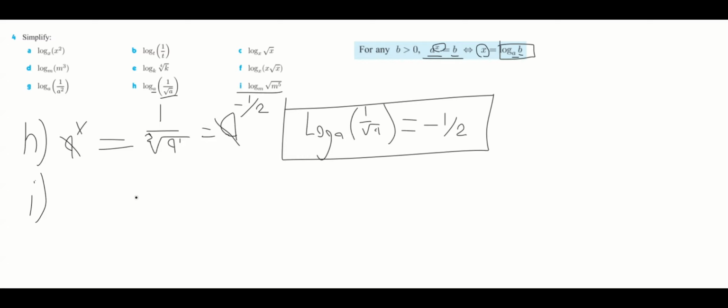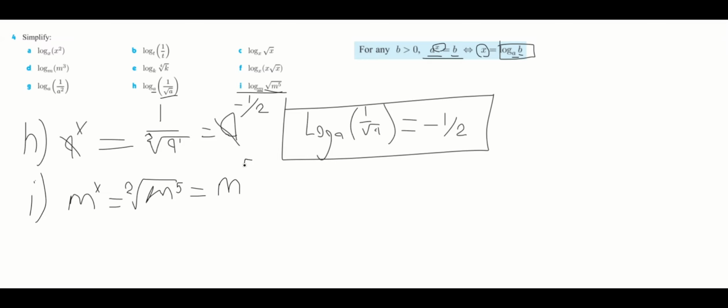Here we have I. Here we do a is m, and b is square root m to the power of 5. So that means it's m to the power of x equals square root m to the power of 5. Like in exponentials, we can see that since it's the square root of 2 and it's the power of 5, the numerator is 5 and the denominator is 2.